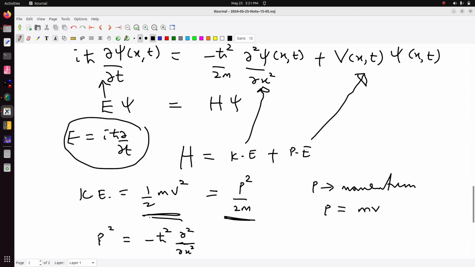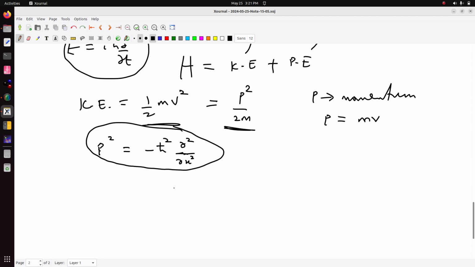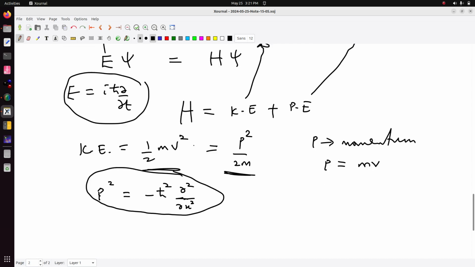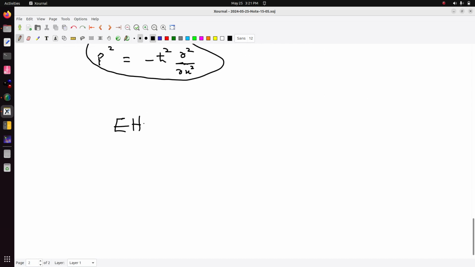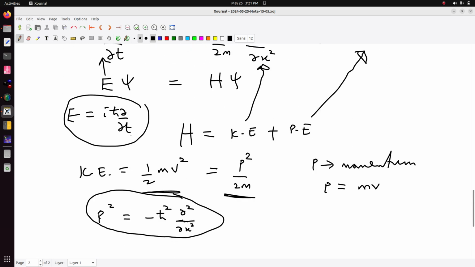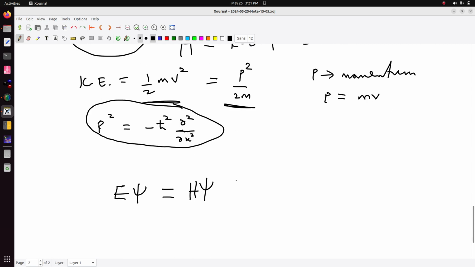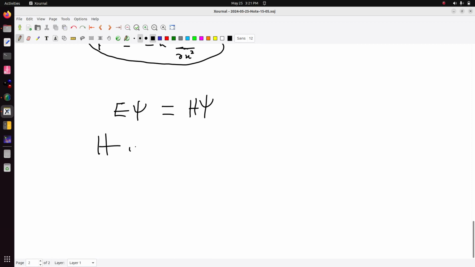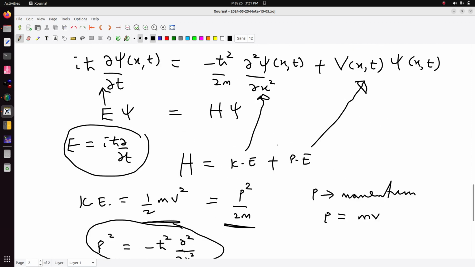So the Schrödinger equation can just be written as the energy operator acting on the wave function equals the Hamiltonian acting on the wave function. The energy operator is i h bar partial over partial t. H is the Hamiltonian, and it's the sum of the kinetic energy and potential energy.